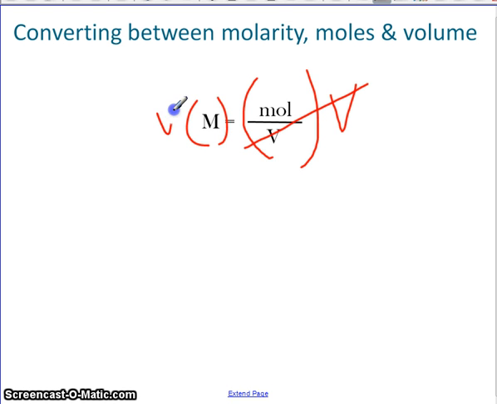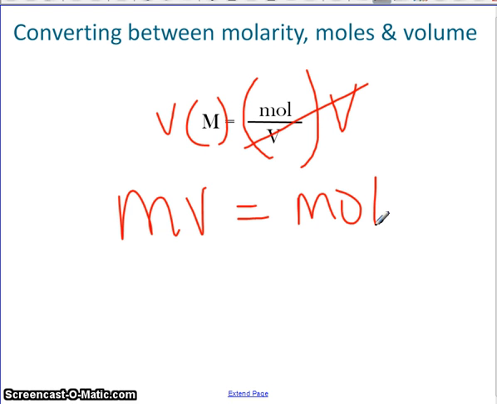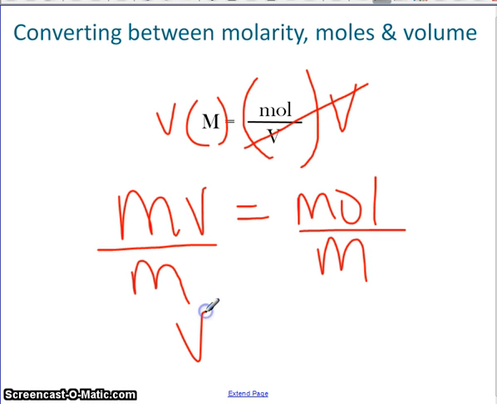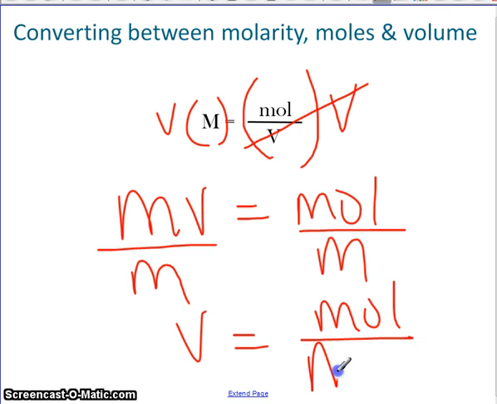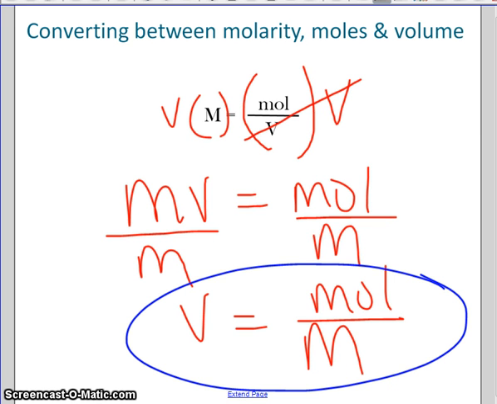What you do to one side, you do to the other. So we get molarity times volume equals mole. But I need volume by itself. So now I divide by molarity, divide by molarity. So the volume is equal to moles divided by molarity.